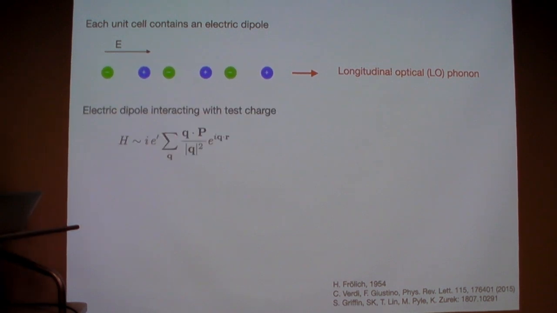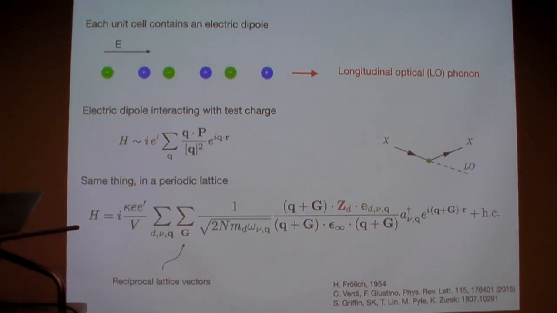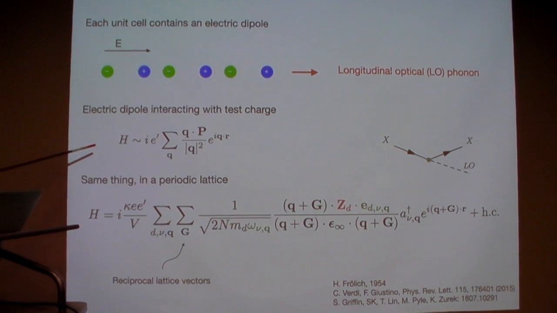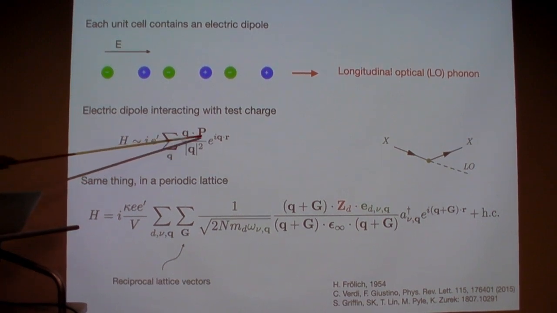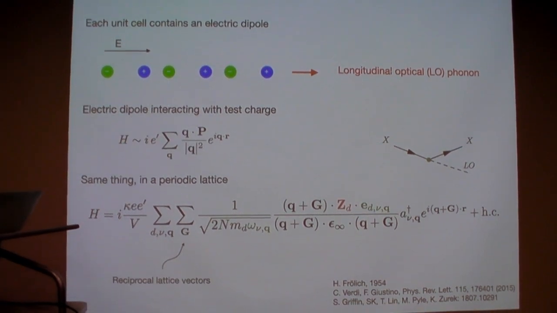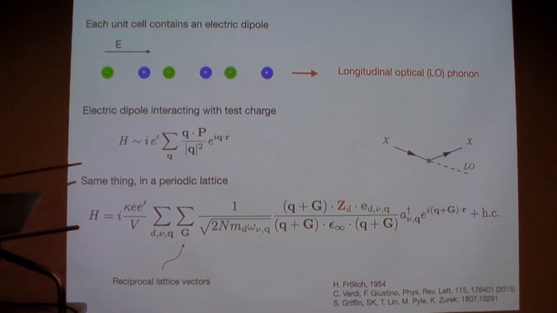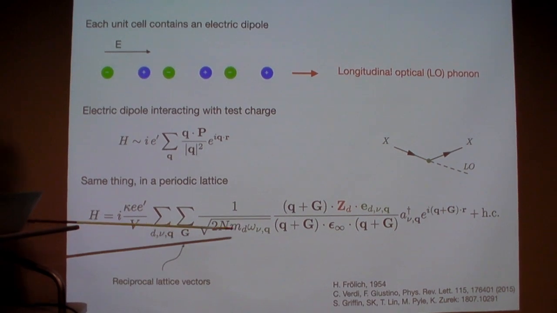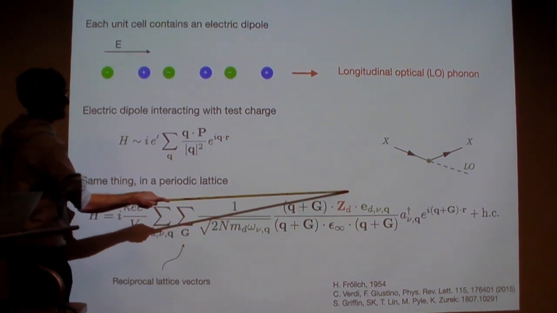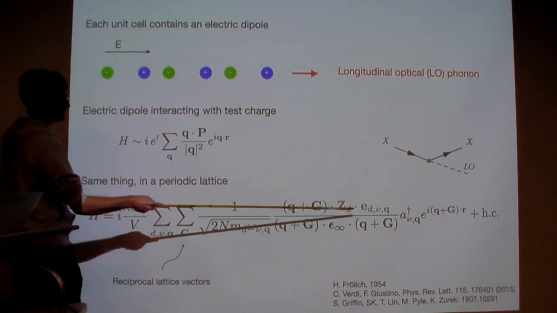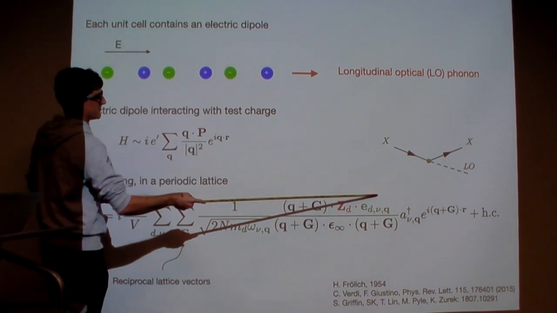And so the way that's done in a crystal in a bit more detail, here you see this is the Hamiltonian of a test charge E prime interacting with a dipole P just from regular E&M. It's exactly the same in the crystal, it's just a bit more complicated in the sense that there are a bunch of lattice parameters, lattice vectors. So this is the effective charge of a particular atom, and this is the polarization vector of a particular phonon mode.